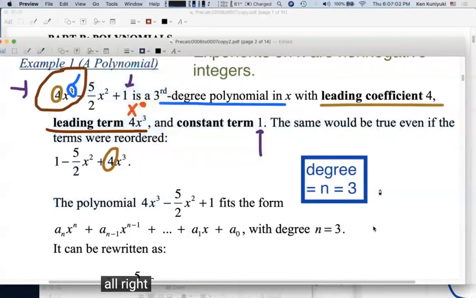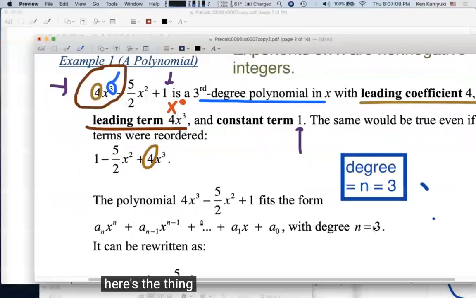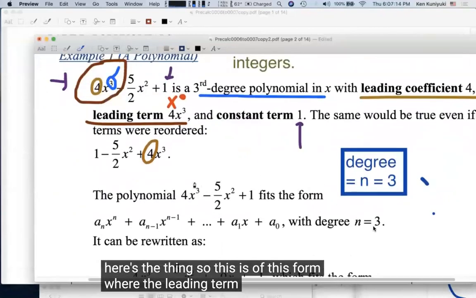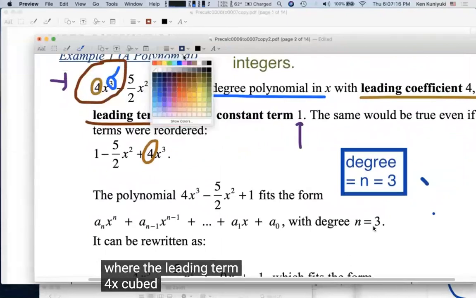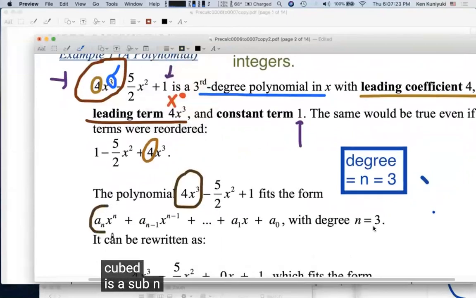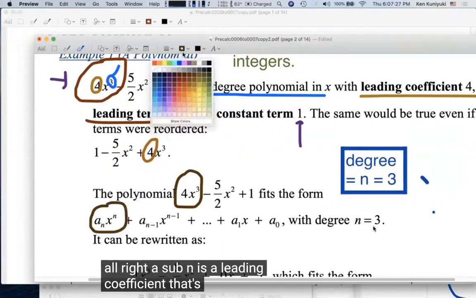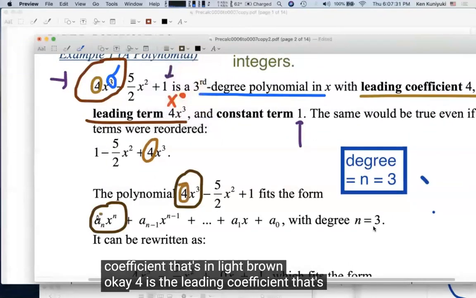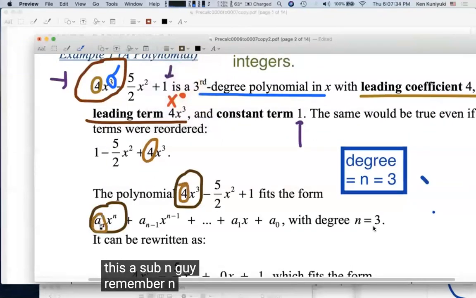Now, here's the thing. So this is of this form, where the leading term, 4x cubed, put that in dark brown, right? The leading term, 4x cubed, is a sub n x to the n, right? A sub n is the leading coefficient, that's in light brown. Okay, 4 is the leading coefficient, that's this a sub n guy. Remember, n is the degree.